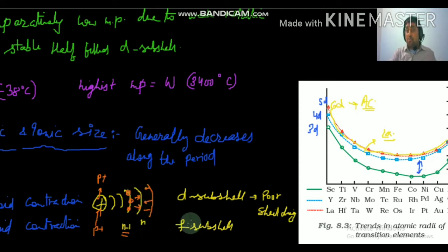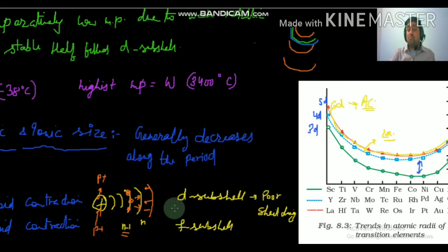Because of that, as we proceed further there is horizontal similarity. If 3d is here, 4d should be here, 5d should be here, but in fact 4d is very little away from 3d, the next is almost touching the previous one, and 6d will superimpose on 5d.